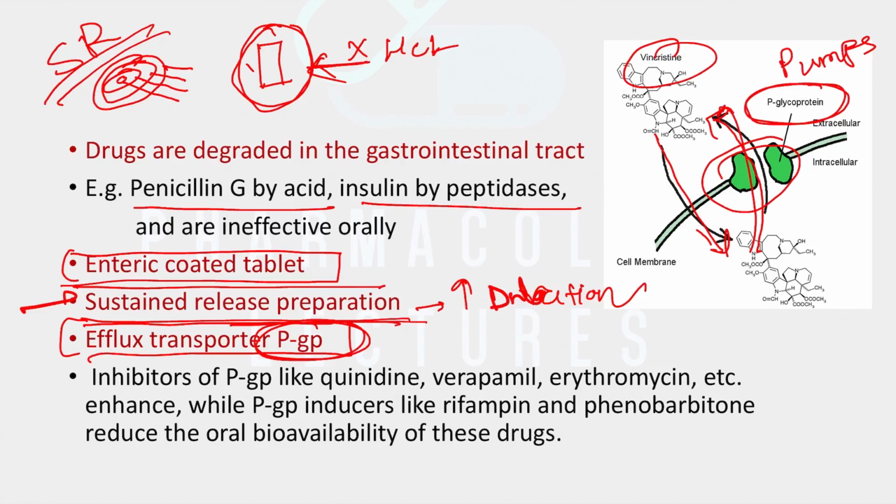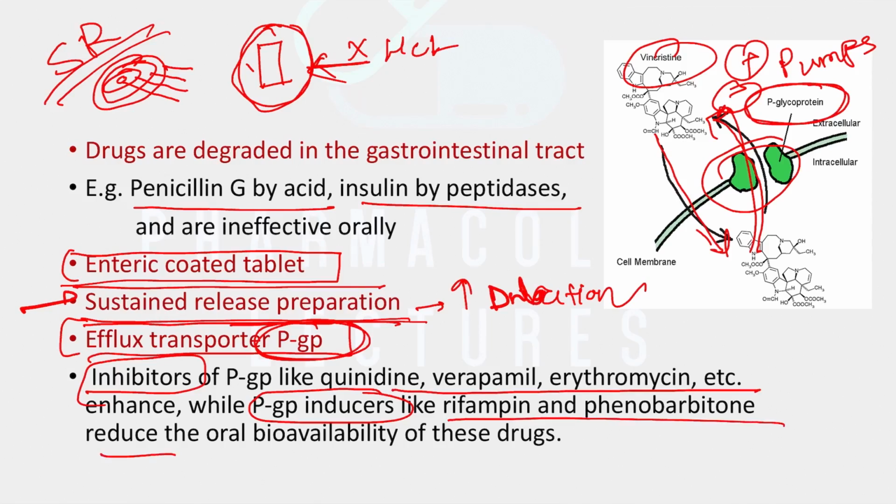Depending upon the situation or target we want to achieve, we need to give inhibitors or inducers of these pumps. There are a few drugs which inhibit the pump, and a few drugs which induce the pump. So I hope you understand what P-glycoprotein is in short.